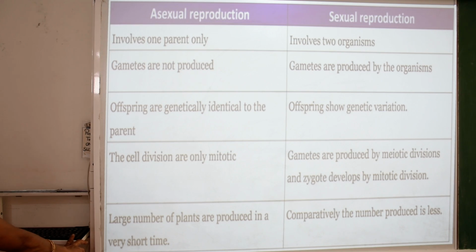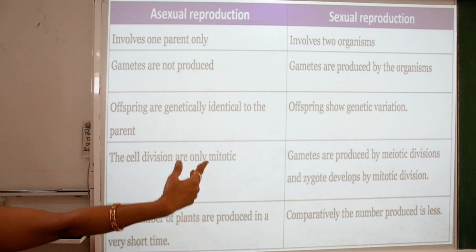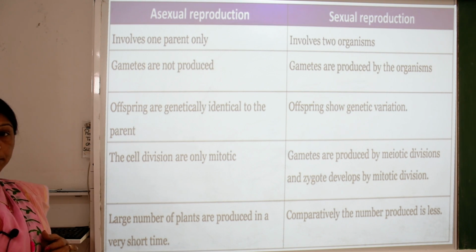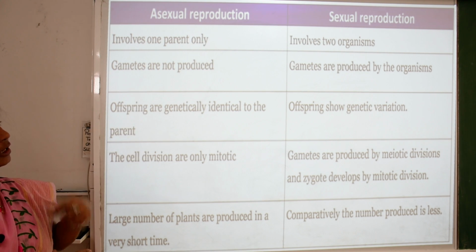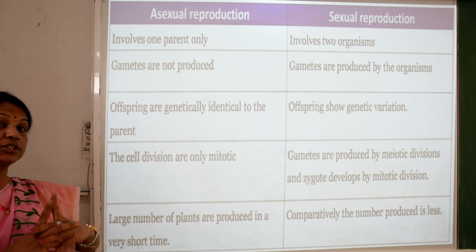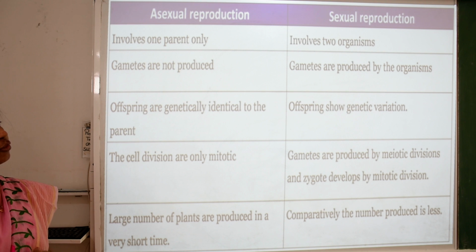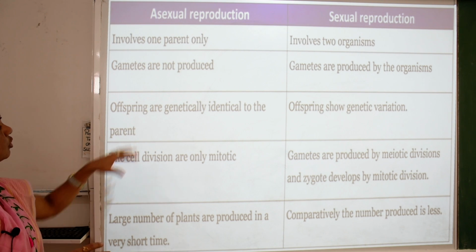Now further we see asexual reproduction and sexual reproduction. What is the difference? Asexual involves one parent only, sexual involves two organisms, meaning two parents. In asexual, gametes are not produced; in sexual, gametes are produced by the organism.